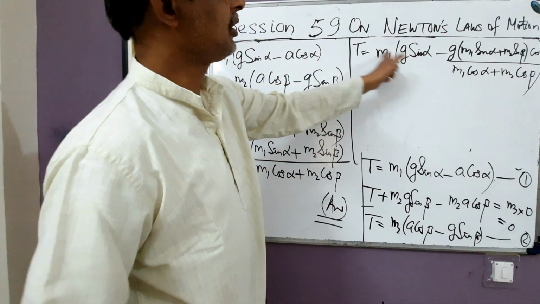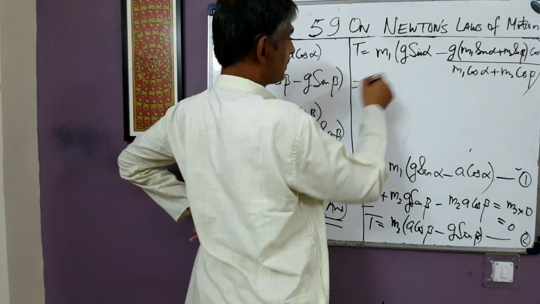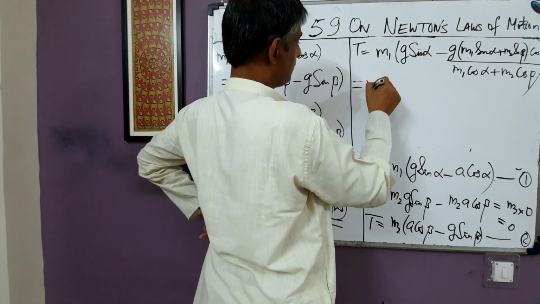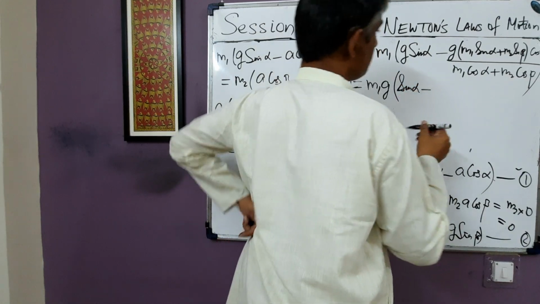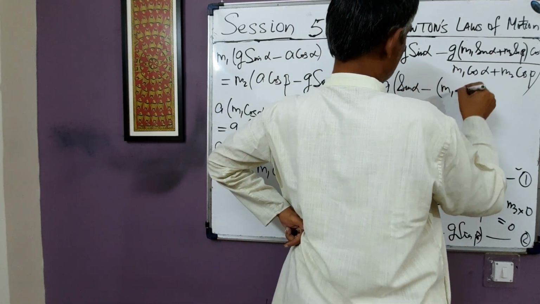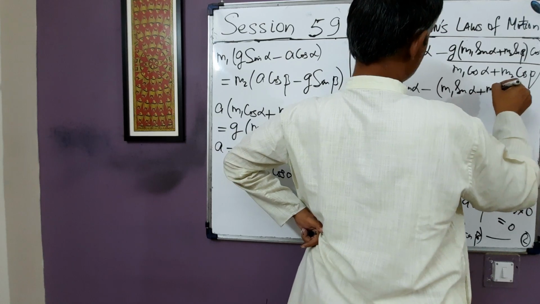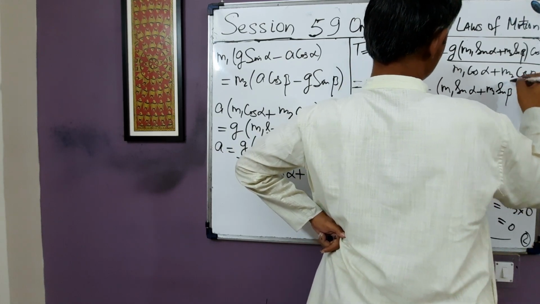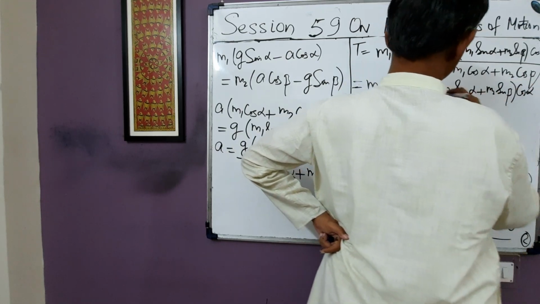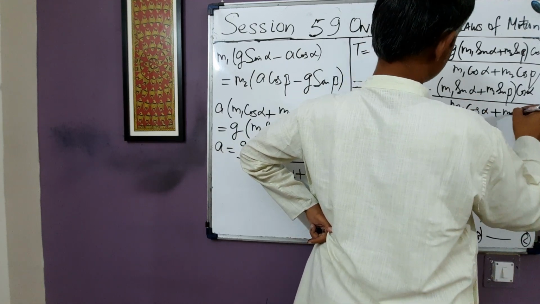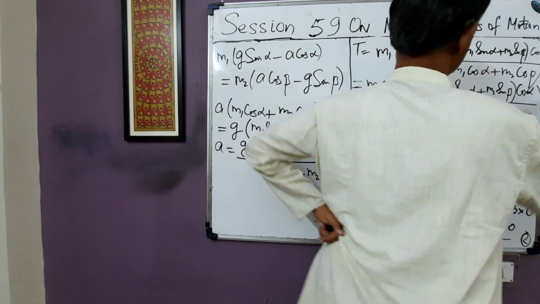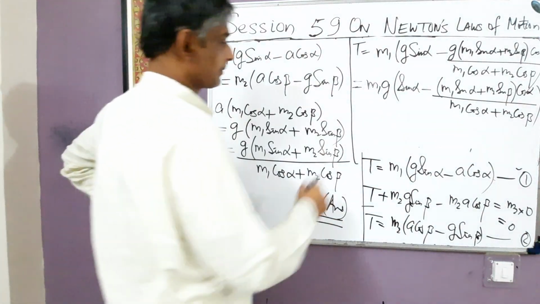Now g is a common term, so g comes outside the bracket. M1g sin alpha minus M1 sin alpha plus M2 sin beta into cos alpha, by M1 cos alpha plus M2 cos beta.